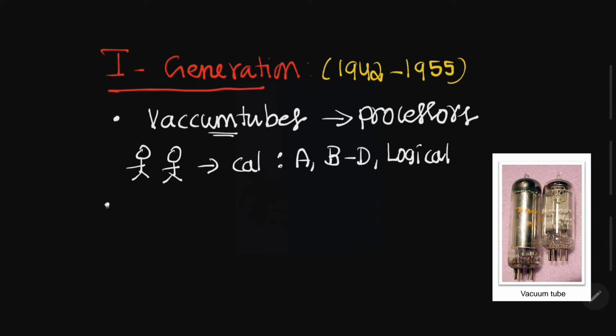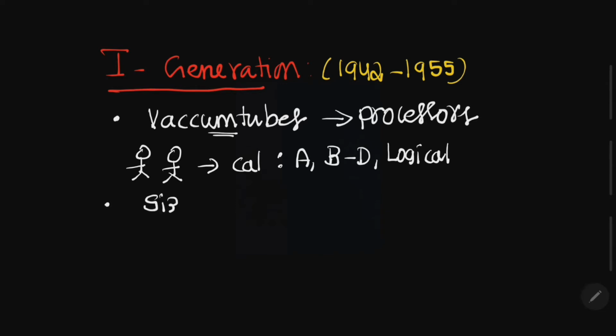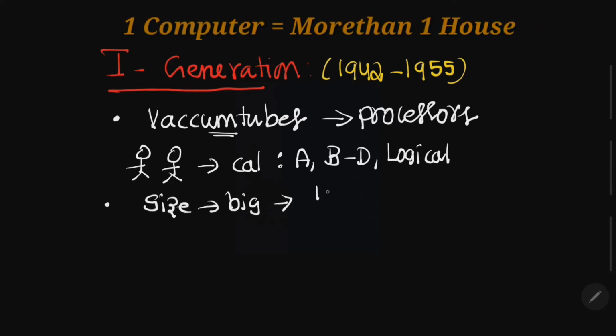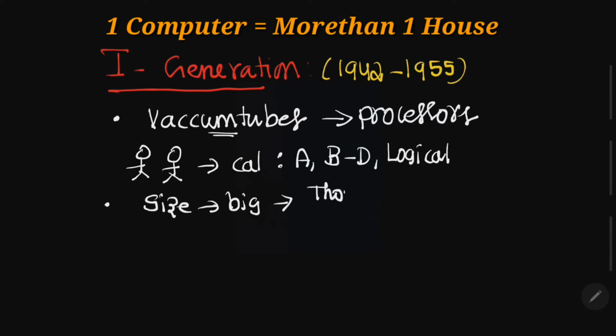Basically the size of a vacuum tube is big. For one computer we arrange thousands of vacuum tubes, so that is the reason the size is very big.